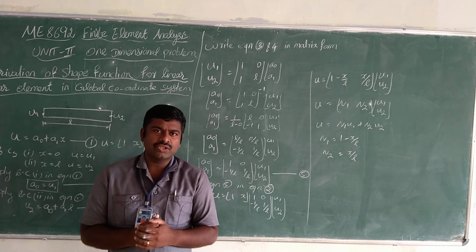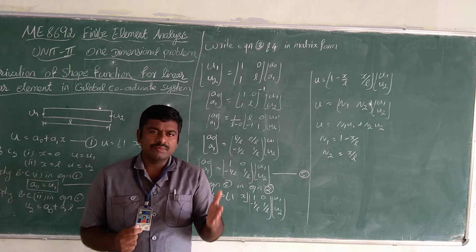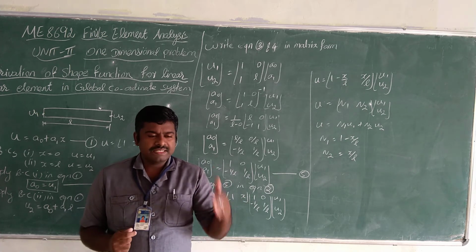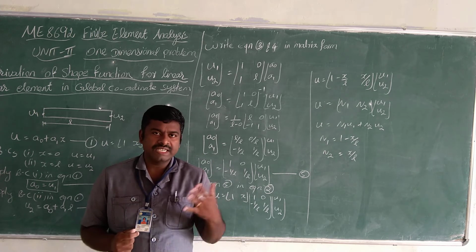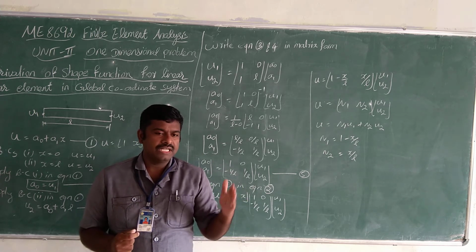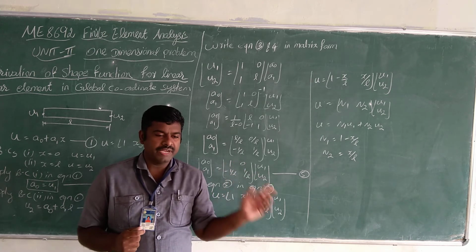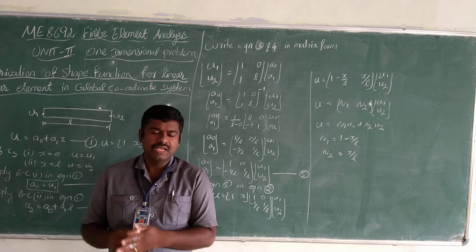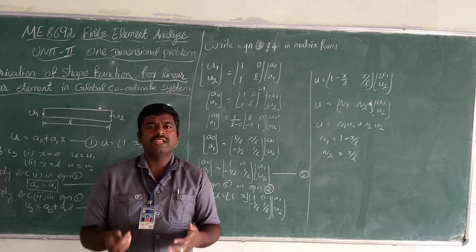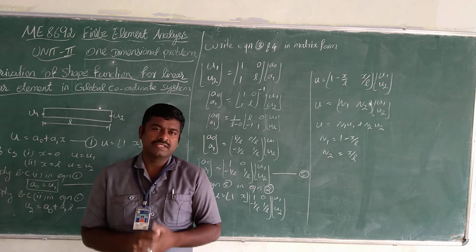The third one is the natural coordinate system. The natural coordinate system is used to define the inside point of the element by a set of dimensionless numbers, that is psi. The range of the dimensionless number is minus 1 to 1 and the magnitude of that value never exceeds unity. The natural coordinate system is mainly used for assembling a stiffness matrix.